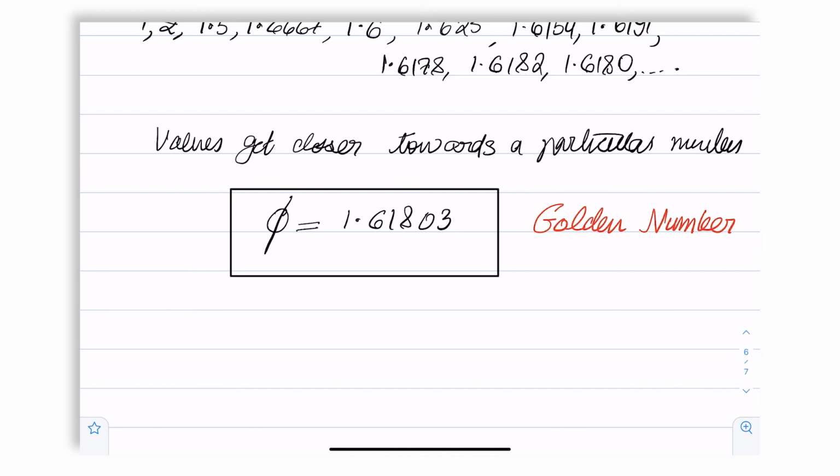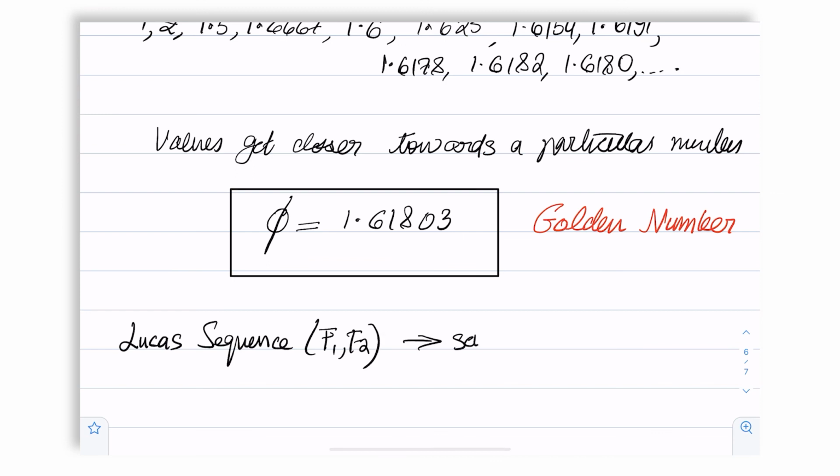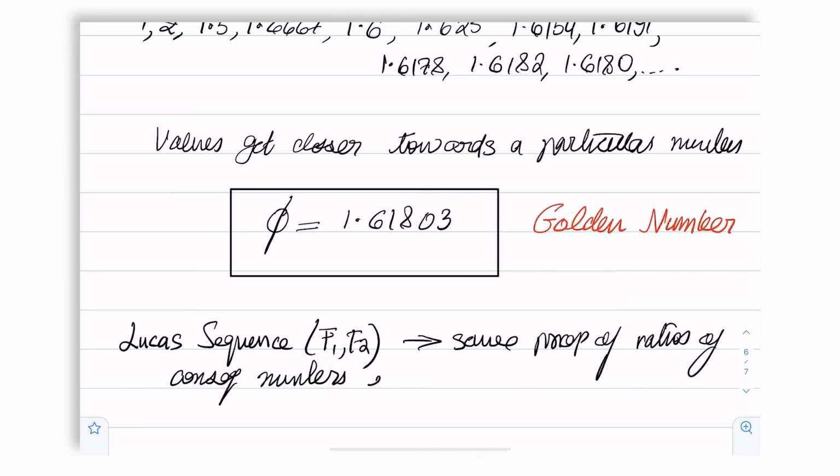Interestingly, the Lucas sequence, which we said we will not deal with so much, whose only difference is in the F1, F2 values, meaning the starting values, also shows the same property of ratios of consecutive numbers in the series.